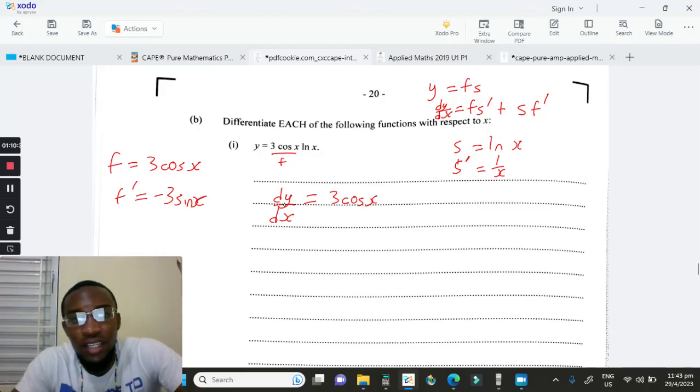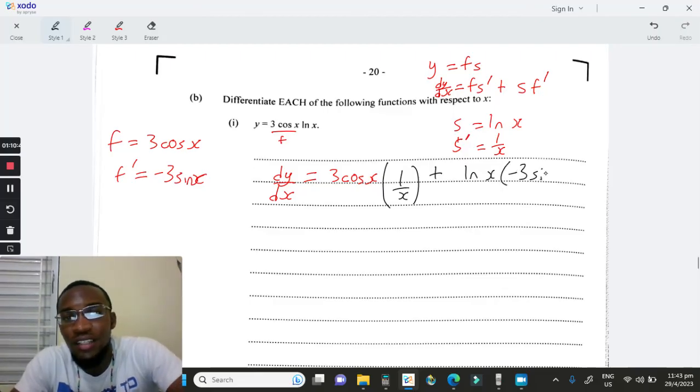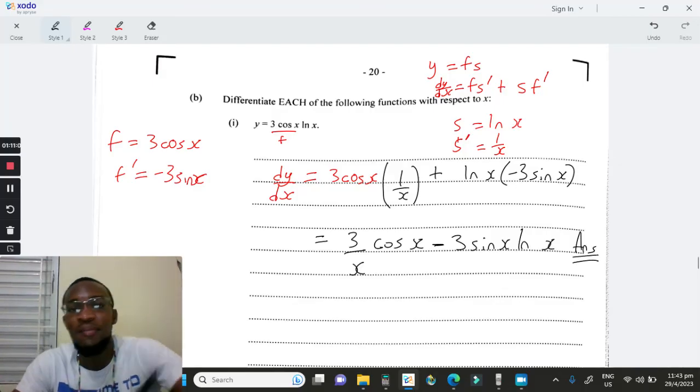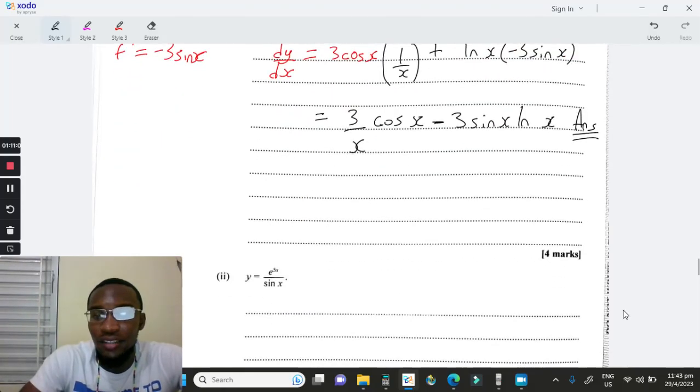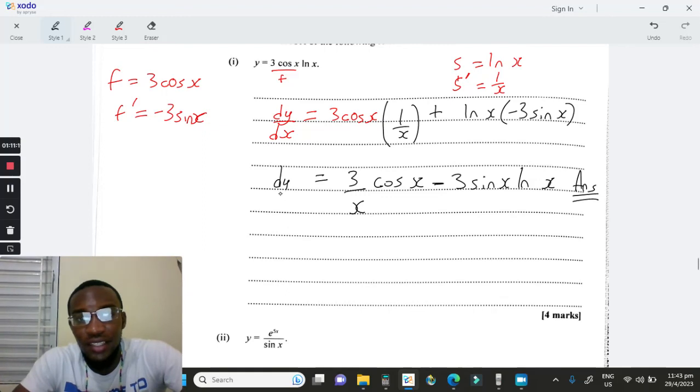So now we can tell them dy dx equal, keep the first times the derivative of the second, 1 over x, plus keep the second now, ln x, times the derivative of the first, which is negative 3 sine x. And to simplify our answer, this is now 3 over x cosine x minus 3 sine x ln x. That's our answer simplified. That's it. 3 marks for that, right? 4 marks, as a matter of fact. Very easy for dy dx.